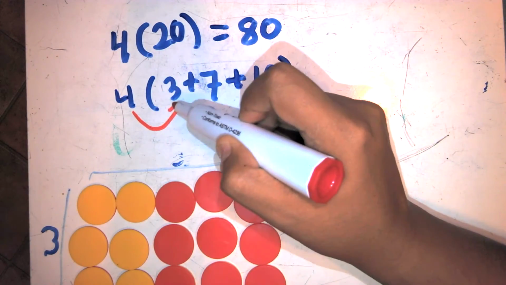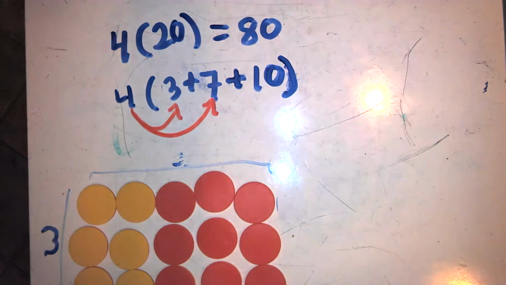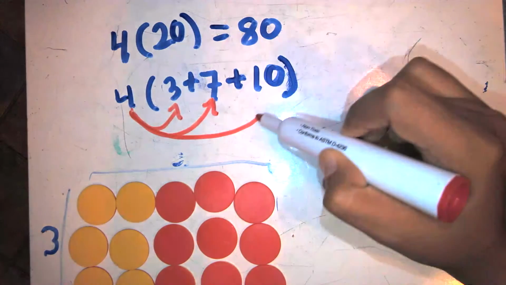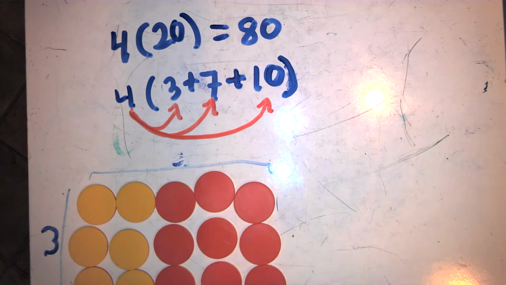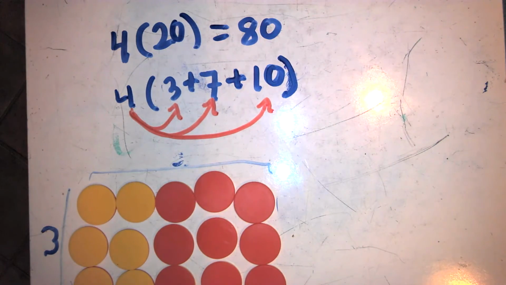So I have to make sure that that 4 is being distributed to all the parts of this expression. There are 4 groups of 3 plus 4 groups of 7 plus 4 groups of 10 for a total of 20 groups of 4.